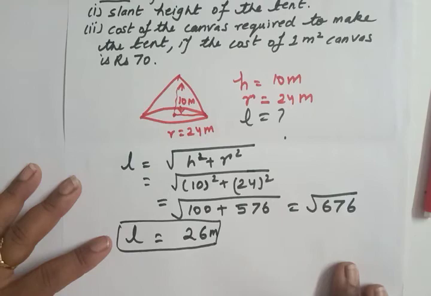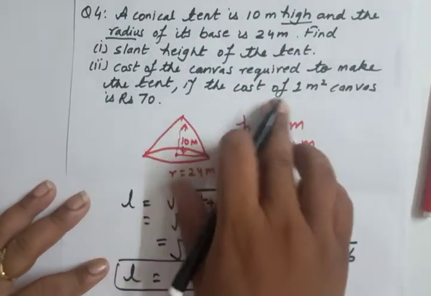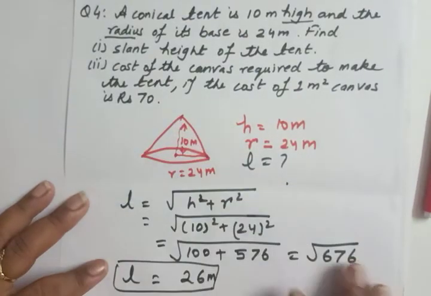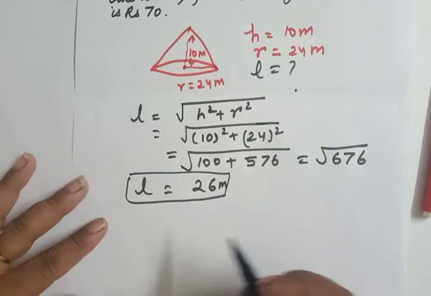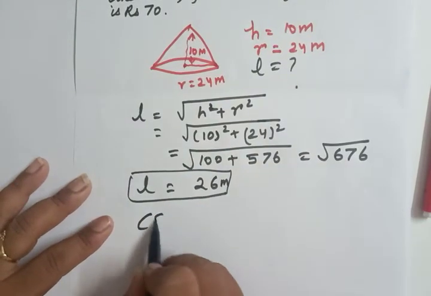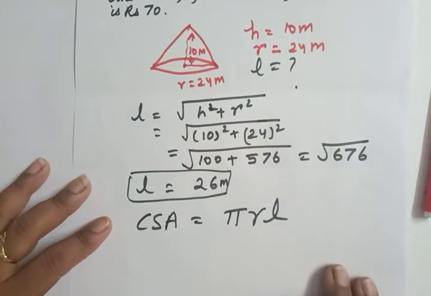Now we need to find out the cost of the canvas required to make a tent if the cost of 1 meter square canvas is rupees 70. As we know that whenever we make the tent, we will deal with the curved surface area, that is pi r L. Because the bottom will be open.